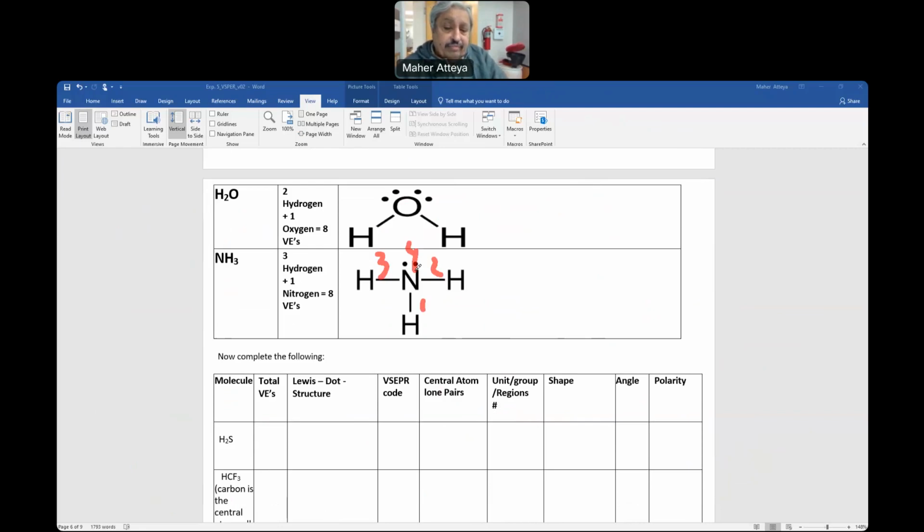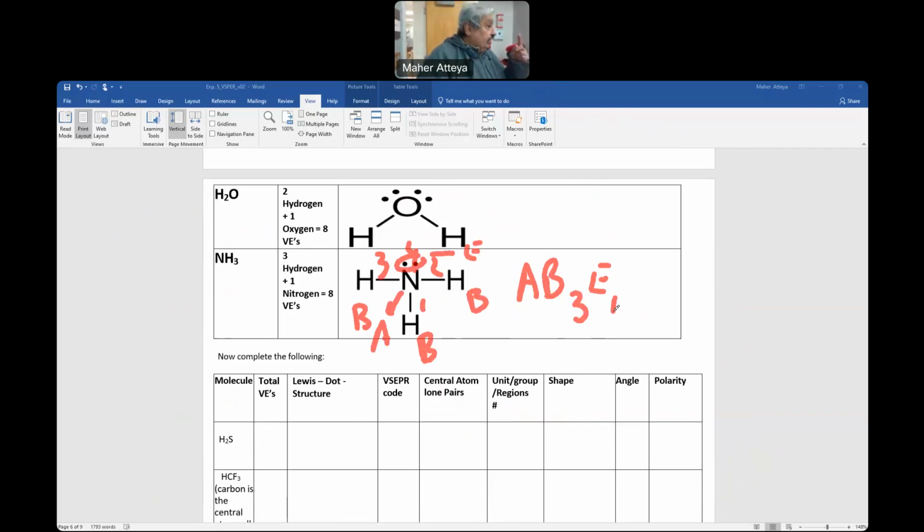So this is B, terminal B, this is B, and the lone pair here is E. This is A. So the code is AB3E1. This is four zones, but it has one single set of lone pair, correct?